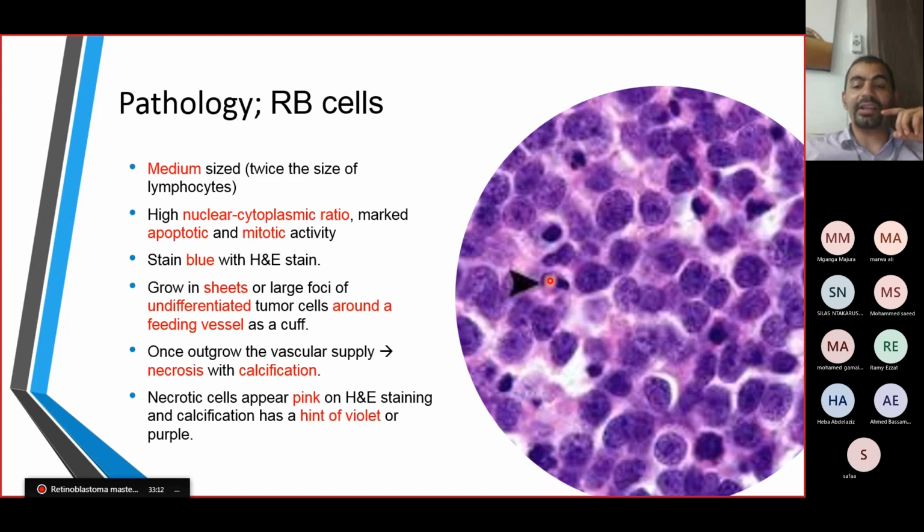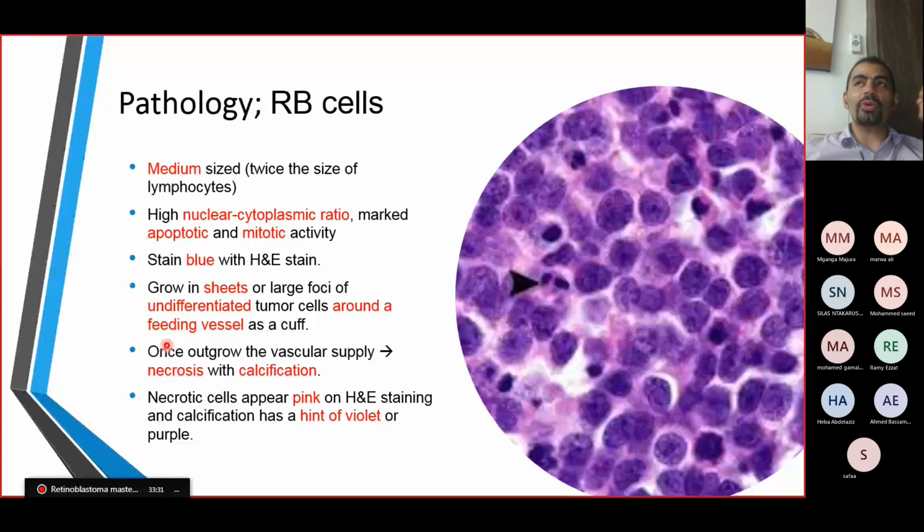So you find that in the specimen, increased mitotic activity, increased apoptosis, increased nucleocytoplasmic ratio. Usually the retinoblastoma cells tend to grow around the blood vessels, as a cuff around the blood vessels.